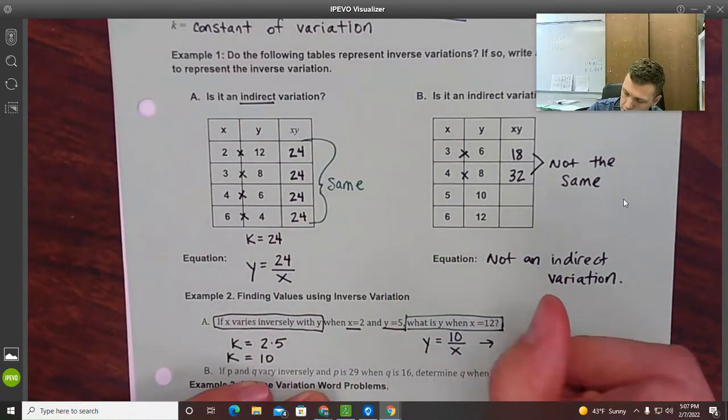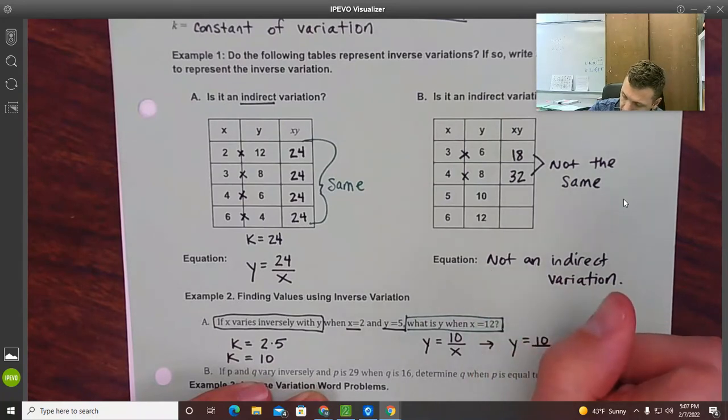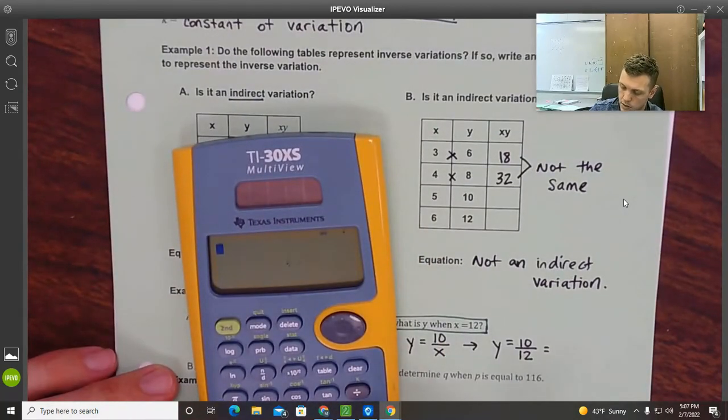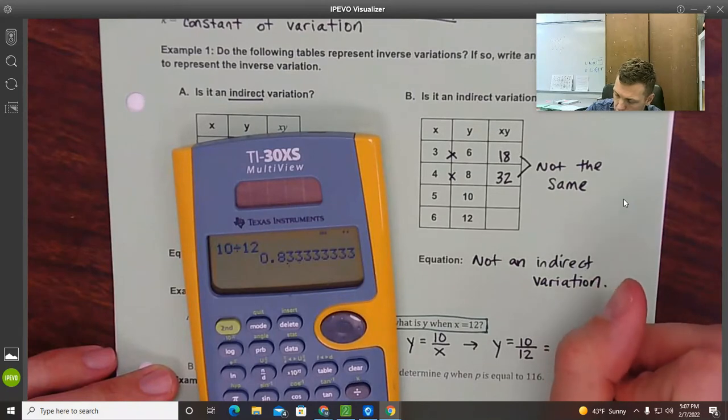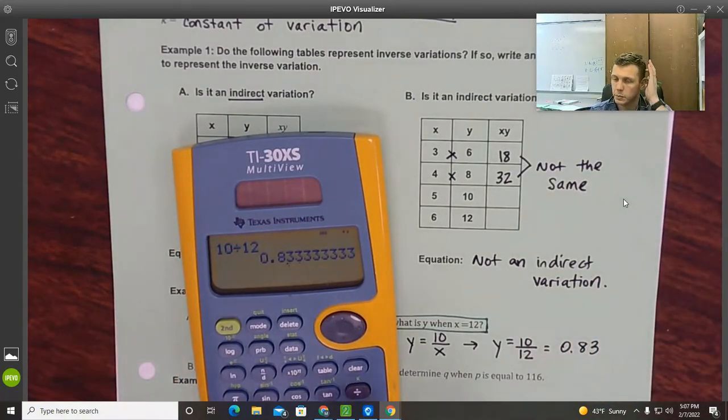Right? So we're going to say y equals 10 divided by 12. Okay, and if you want to get a decimal, we can put in 10 divided by 12, 0.83. We don't have to repeat the threes.